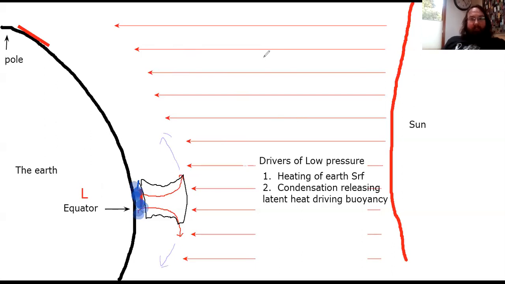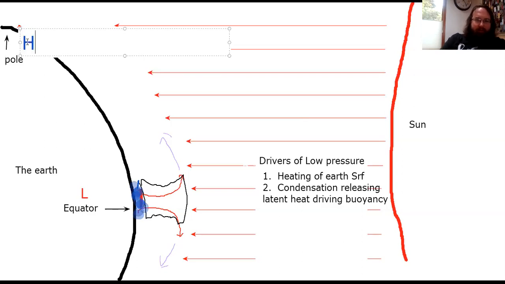Now, in the polar regions, you have very, very cold air in the upper atmosphere, and this cold air is going to be sinking. So at the polar regions, we have what is known as high pressure, designated with an H.